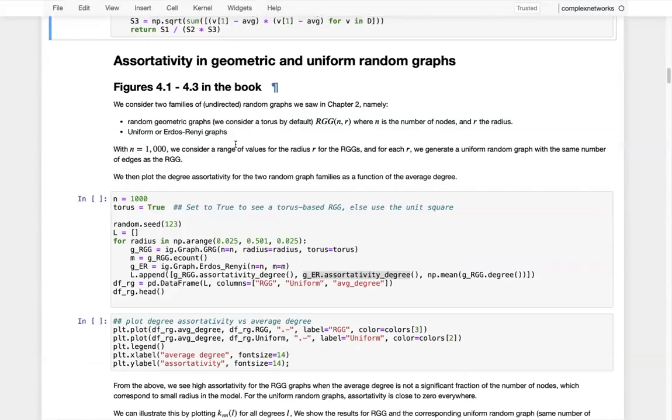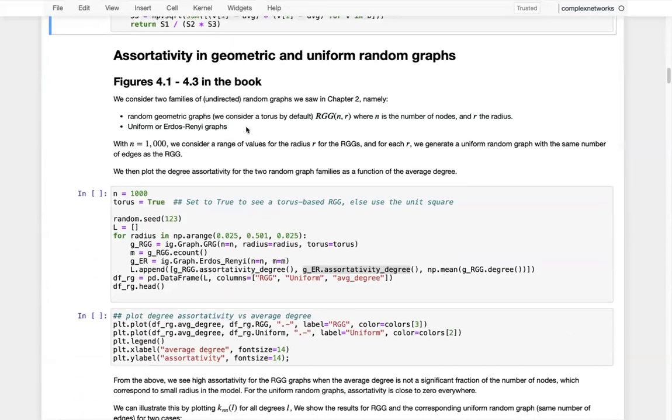And first, we're going to be looking at two families of random graphs, namely the random geometric graph that we saw already in a previous chapter, which is parameterized by this radius value that indicates the propensity of creating an edge between nodes at a certain distance from where they land on the torus.